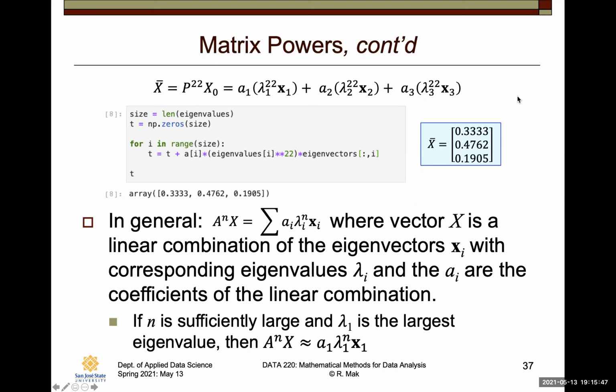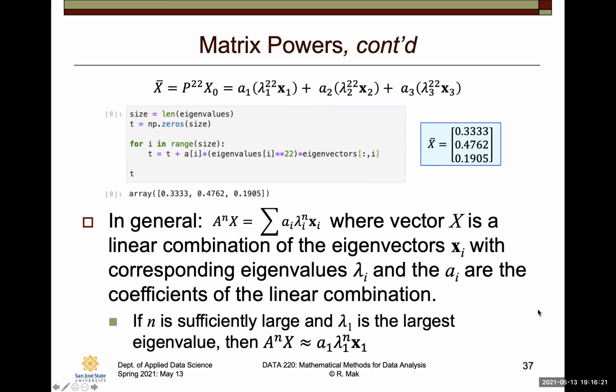And so if you want a quick and dirty approximation, you can just say that if n is large and lambda sub 1 happens to be the largest lambda, then you can use this approximation. If you don't need an exact answer, this is a very quick way of getting x bar.